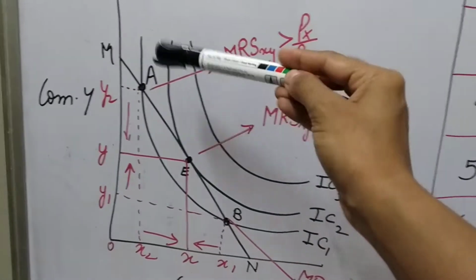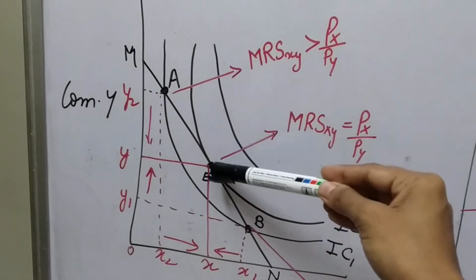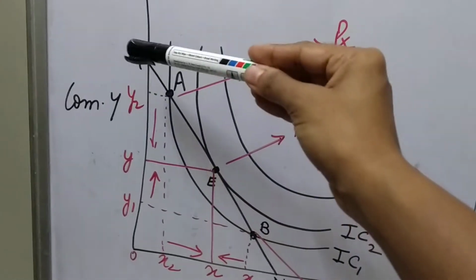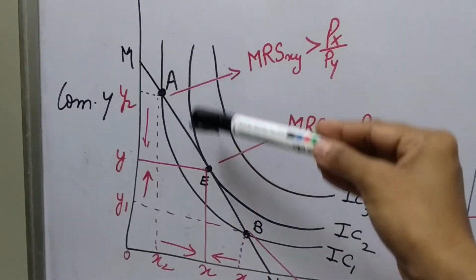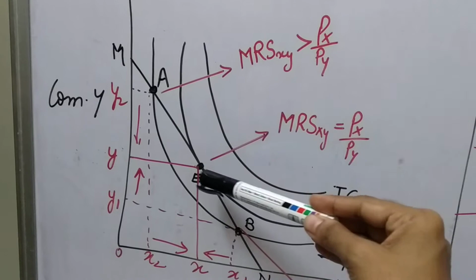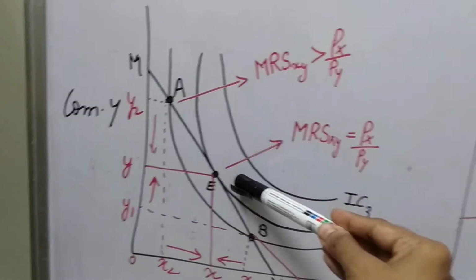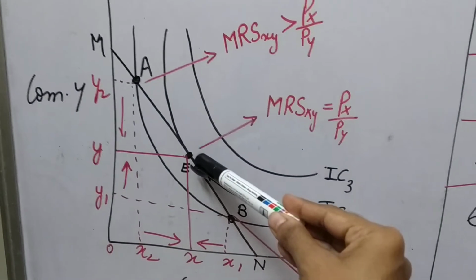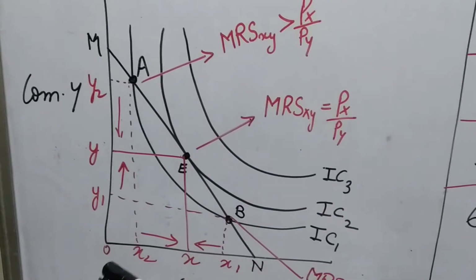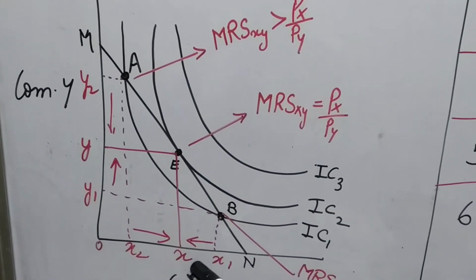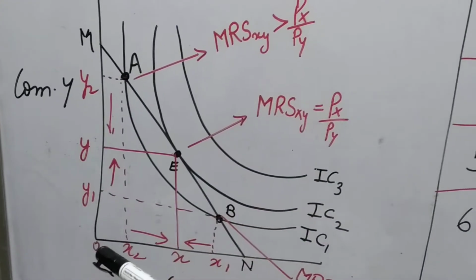IC2 is touching, or maybe we can say the indifference curve is tangent to the budget line. This is your budget line and this indifference curve is tangent to the budget line, that means at point E. So this is the point where the consumer is in equilibrium, where he gets OX units of the X commodity and OY units of the Y commodity.